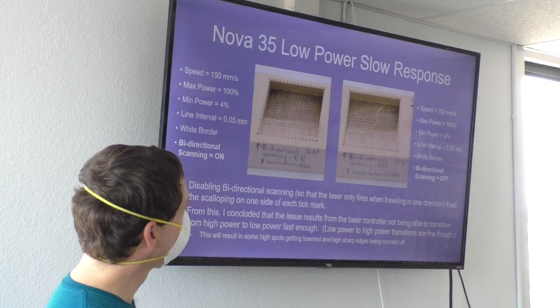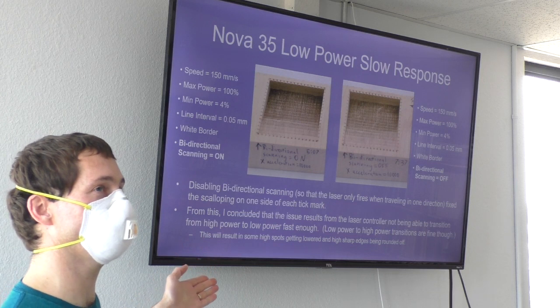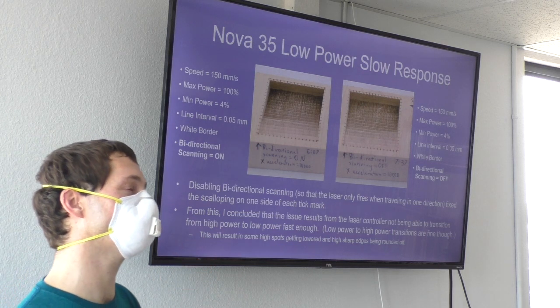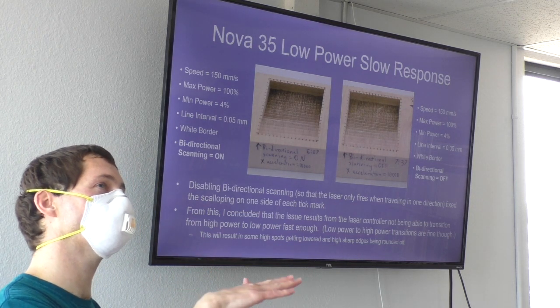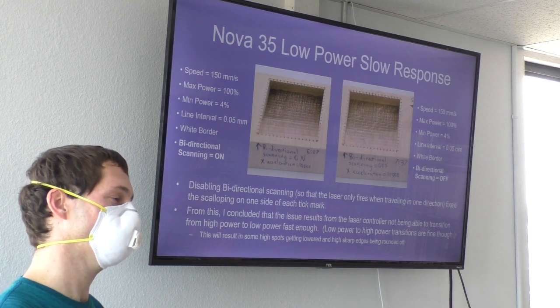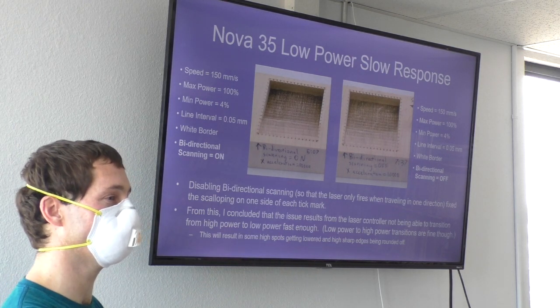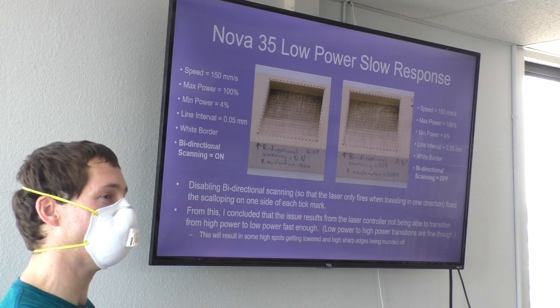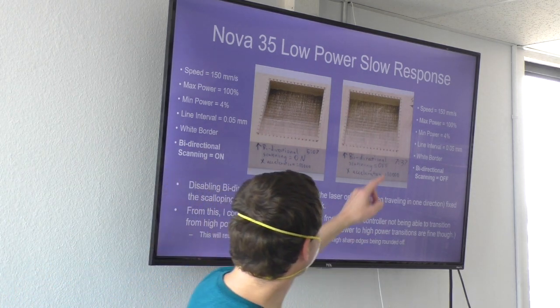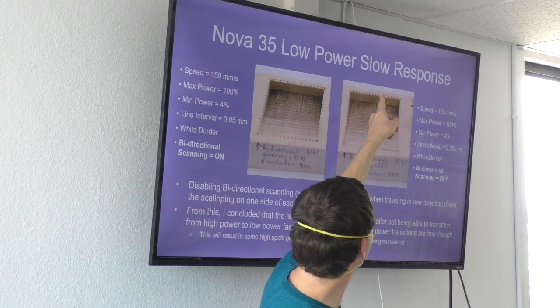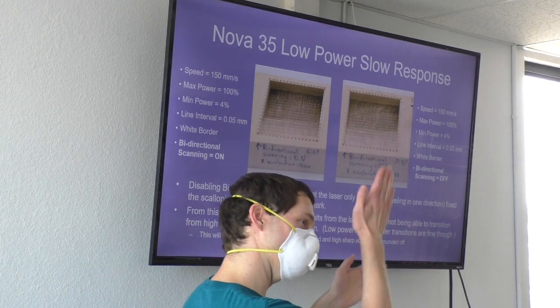And the conclusion I got from this was that the issue happens as the laser's going across, it transitions from high power to low power, and it just can't do it fast enough. So it keeps burning at a little bit too high a power for too long. And you can see that happening here, where we go from light to dark, it's fine, a nice transition.